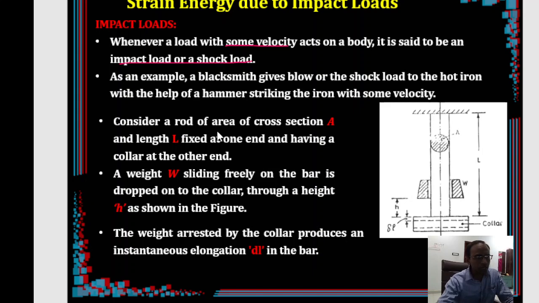So consider that. Let's look at now how to calculate stress in the members subjected to the kind of impact loading. Right? Let's start. So we consider a rod. The rod has a cross section area A having a length of L, and at the end there was a collar attached to that.